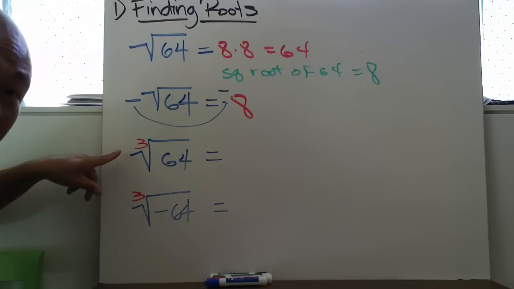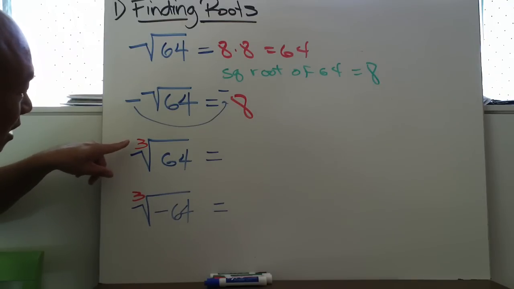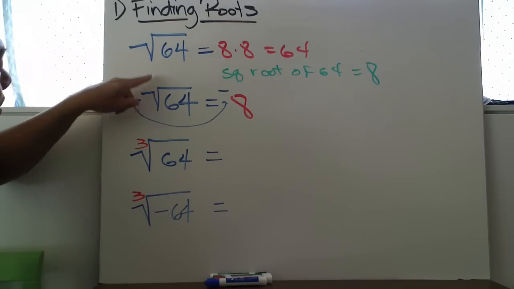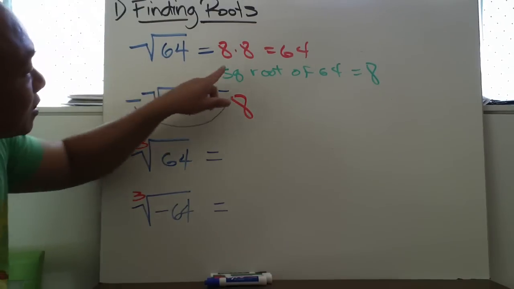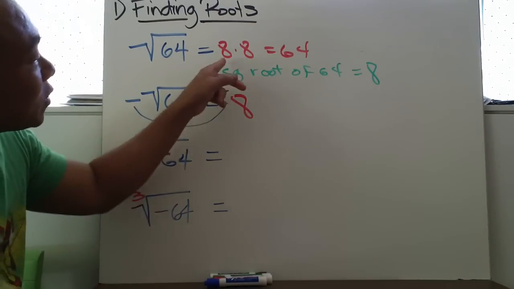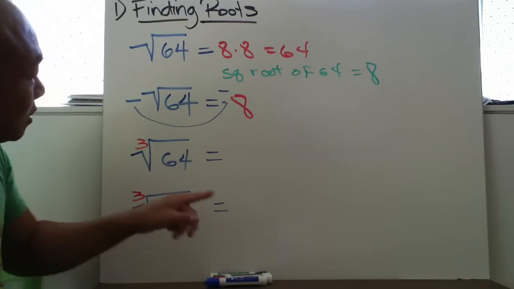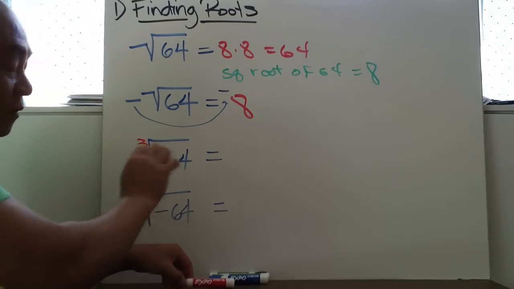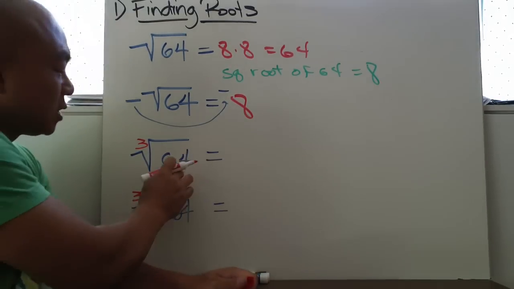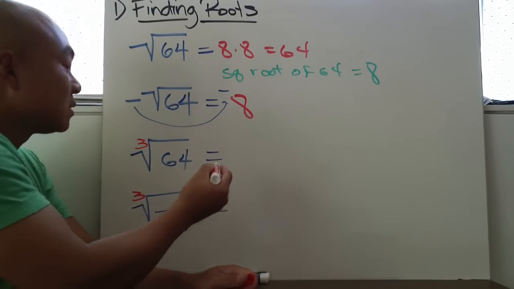Now, there's something special right here. If you look right here, you have a 3. Notice that in the previous one you have no little numbers here. You're always assuming that if there's no little number, you're looking for the 2. So you're looking for something times itself only. Here, you're looking for what times itself 3 times. So I want you to think, what times itself 3 times is going to give you 64.